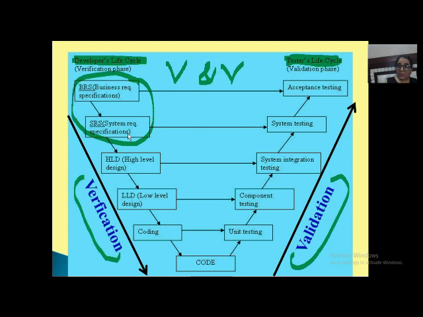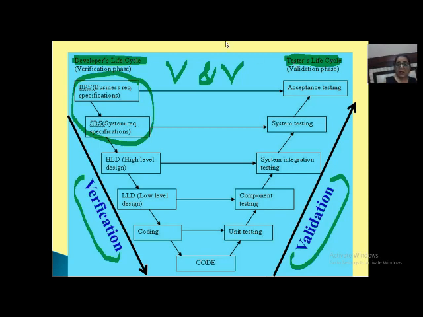These two documents are made ready after the requirements phase is over, and at the same time, parallelly, acceptance testing and system testing is also done. For this the test plan is made ready here. In the coming slides we'll talk about each and every phase in detail and their corresponding test plans which are made ready parallelly in the verification and validation model.